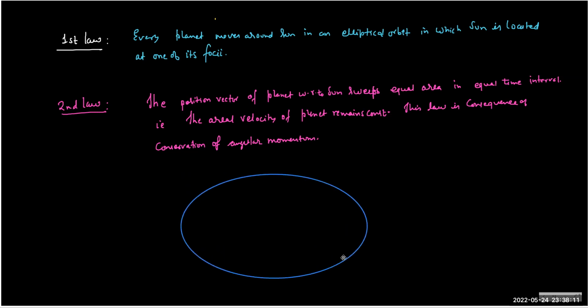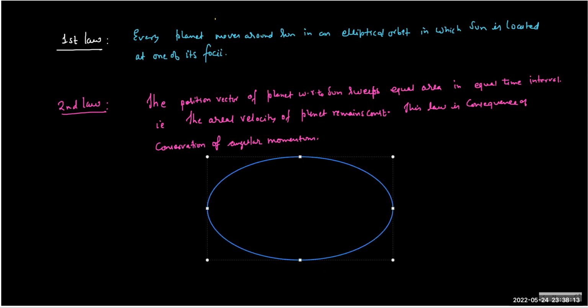If you draw any ellipse, and if the sun is located at a focus, imagine that in time delta t the planet goes from here to here.